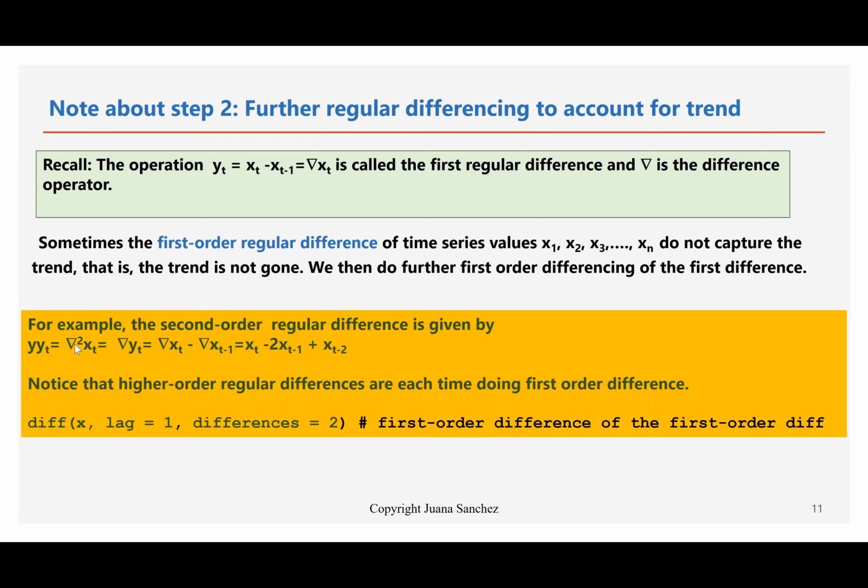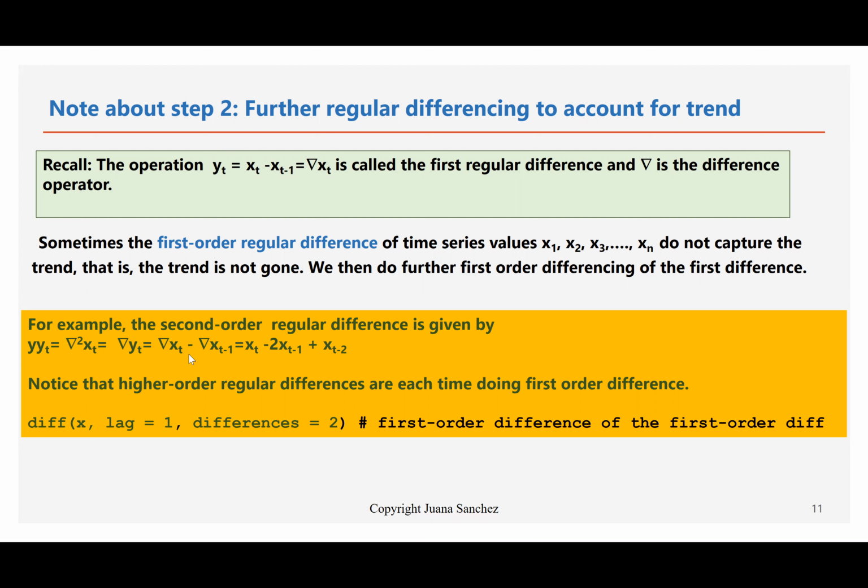And notice how we put this as a square here. The difference operator squared means that we apply the difference operator more than once, on top of other differences. So for example, if we apply the difference operator to the difference of xt, which was y sub t, then we bring the operator inside into what y sub t is, which was xt minus xt minus 1.